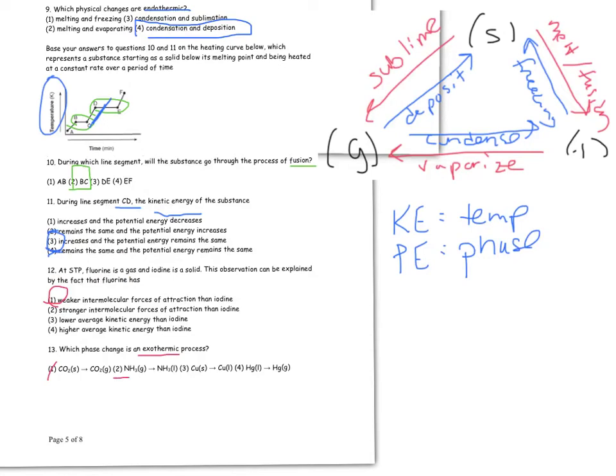So the second choice is the best answer. The third choice, changing from a solid to a liquid, will have to add heat, so that's not very good. And then the last choice, a liquid to a gas, again, you have to add heat. So the only choice where we actually have to remove heat or cool the phase is to change from a gas to a liquid, or condense.